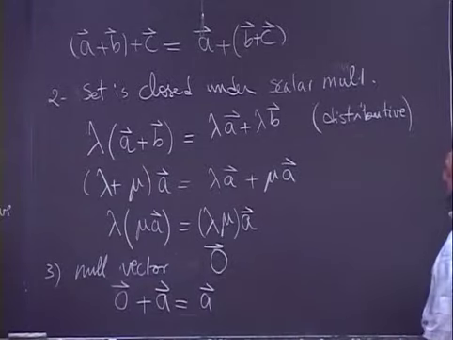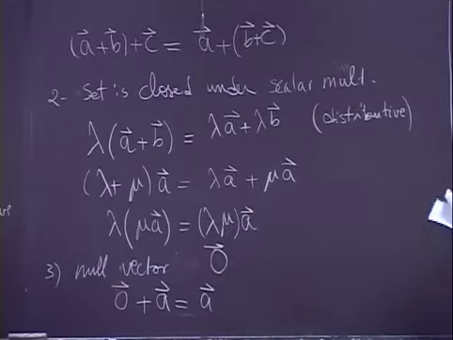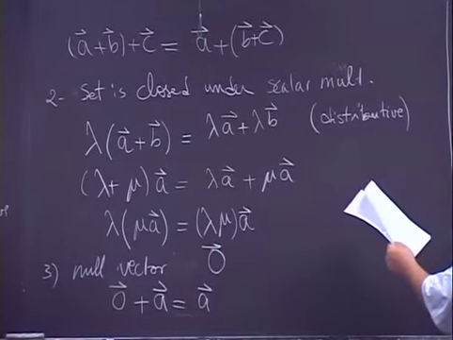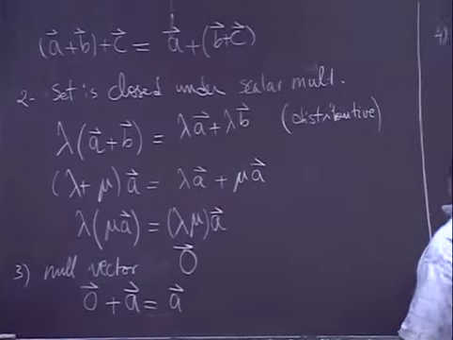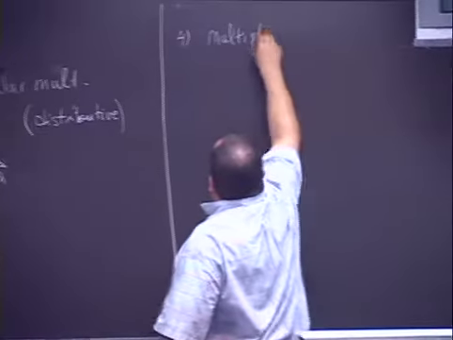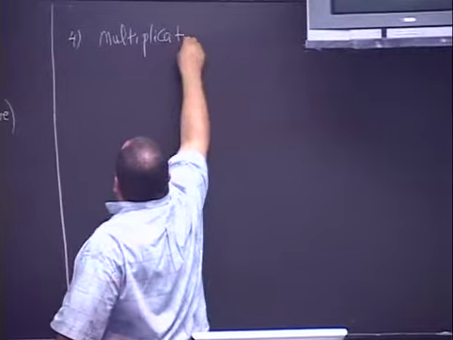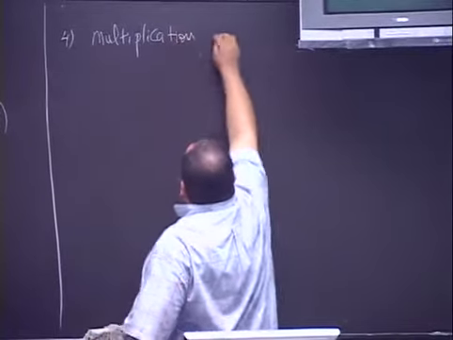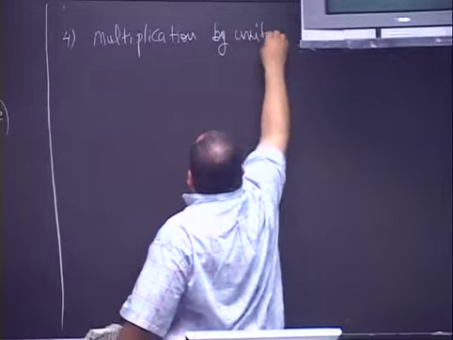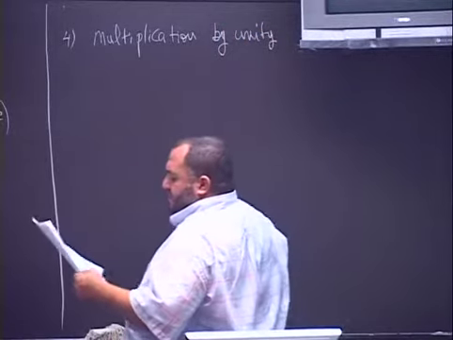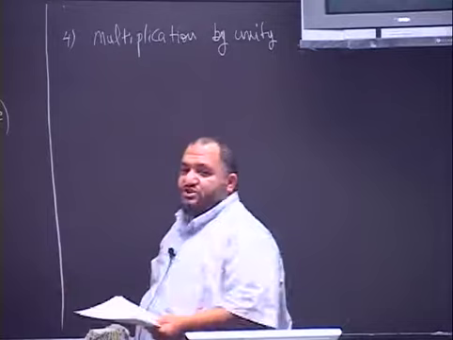Again, here, number 4 will give me multiplication by unity. We'll leave the vector unchanged.